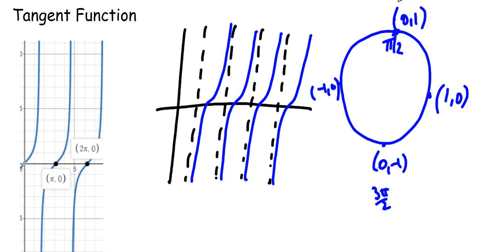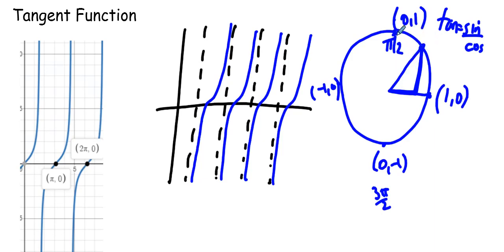Okay, so tangent, next year in calculus, you'll see that tangent is actually related to slope. So I'm going to remind you that tan is sine over cosine, right? Which is like rise over run. So really, you're finding the slope of the radius.